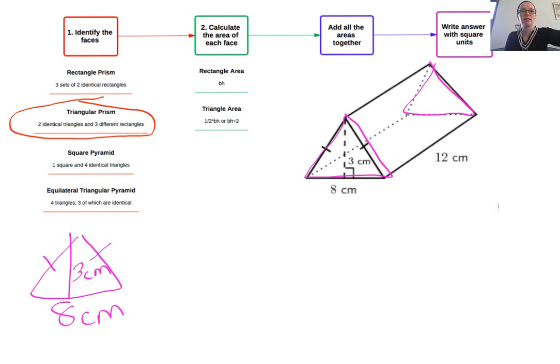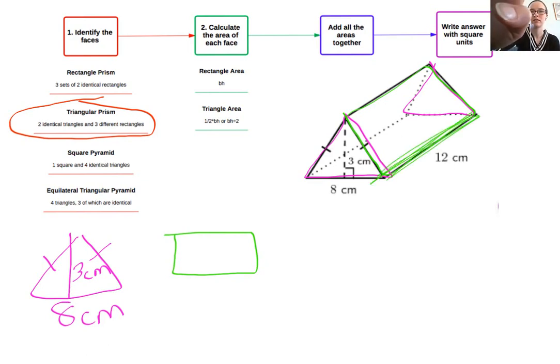And then it says that we have 3 different rectangles. So I'm going to make this rectangle green, and it has a base of 12 and a height of 8 centimeters.